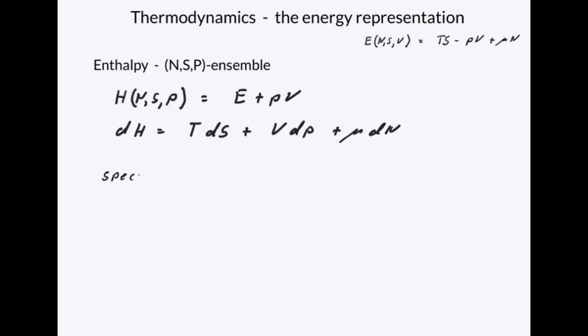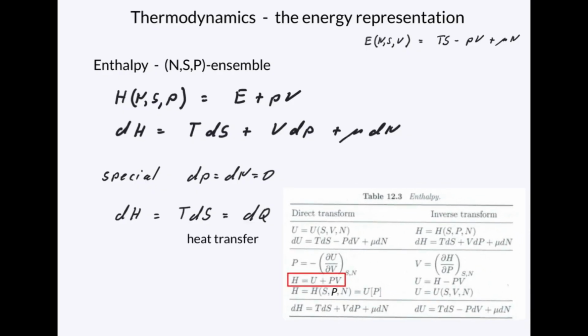If we now further assume that in a certain process the pressure and the number of particles do not change, we see that the change in enthalpy is equivalent to T dS, hence the heat transfer into the system or out of the system for that process.